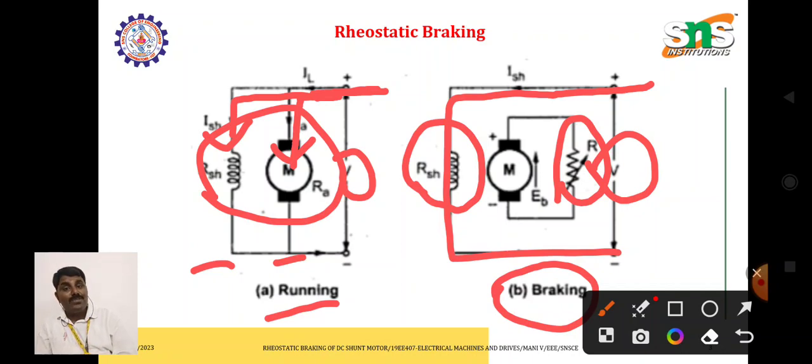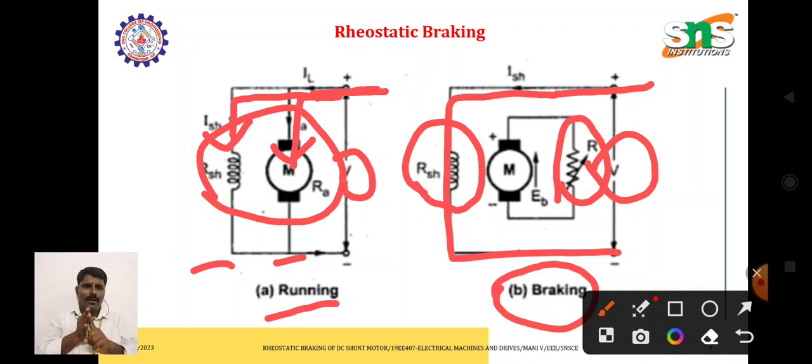So what is our observation from the running condition to the braking condition? Number one, we have to disconnect the armature from the power supply. Second, the field remains the same; it is always connected with the power supply.